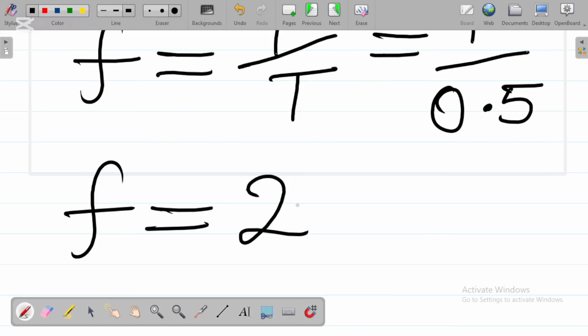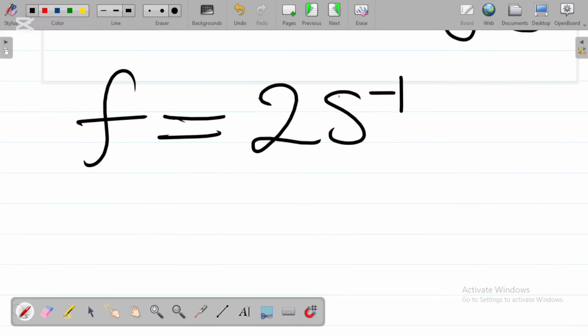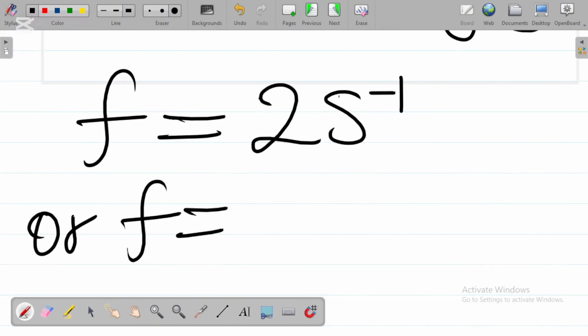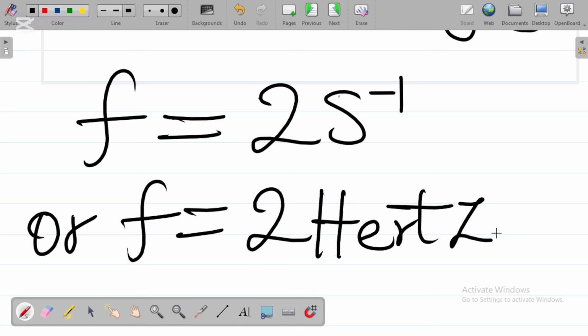So frequency F is still equal to 2. The unit of frequency is either per second or hertz. Frequency is equal to 2 hertz.